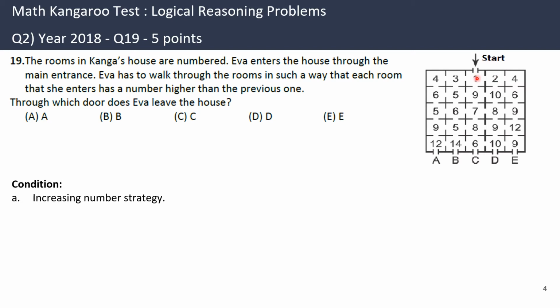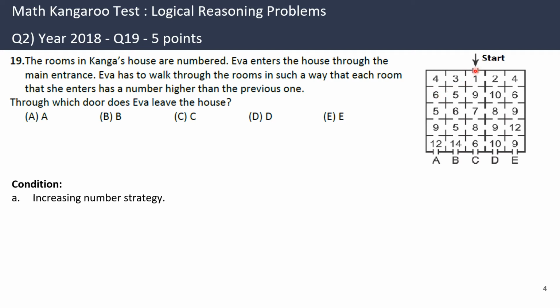Eva tries from 1, 9, 10, and now she is stuck because none of the rooms around it is a higher number. Let's try a third attempt. 1, 3, 4, 6. Same here. The subsequent rooms after this are lower than number 6.